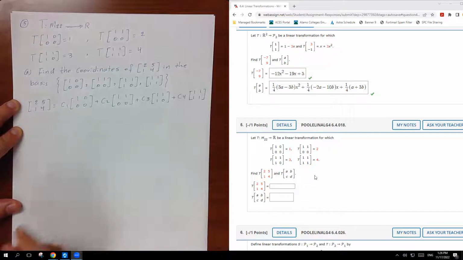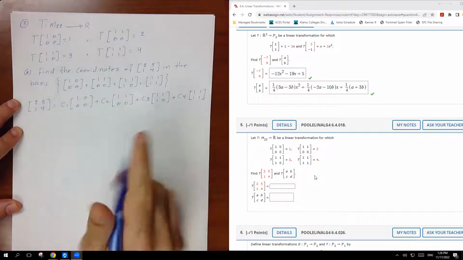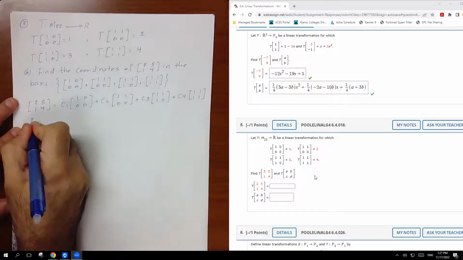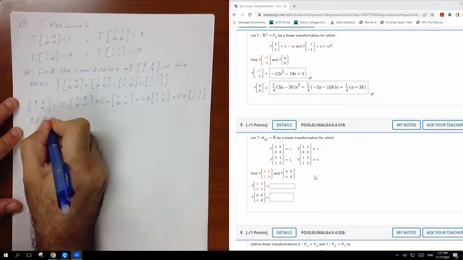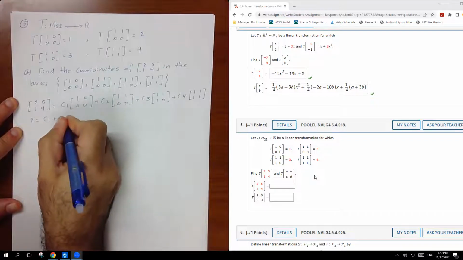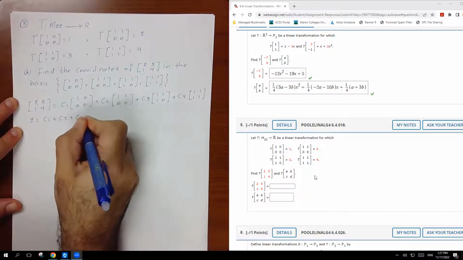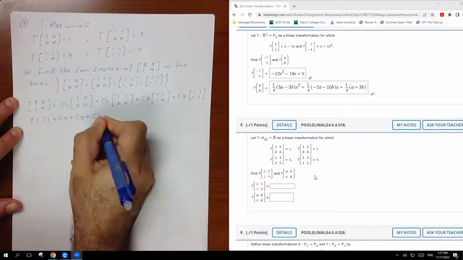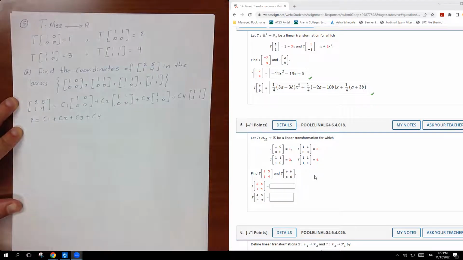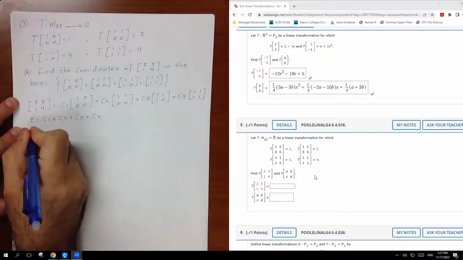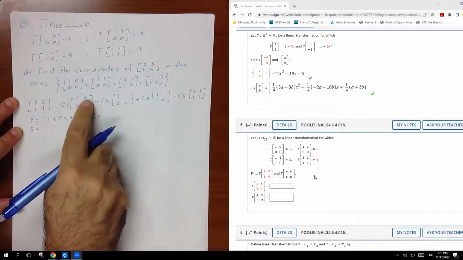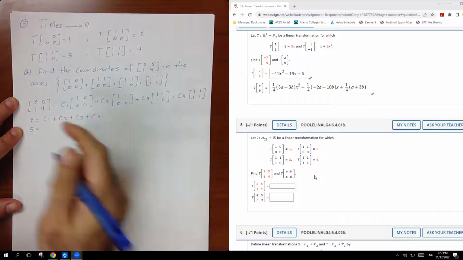So if you want to solve it as a system, 2 is going to be equal to c1 plus c2 plus c3 plus c4. The first equation. The second one is going to be 5 equal, there is no c1, just c2 plus c3 plus c4.